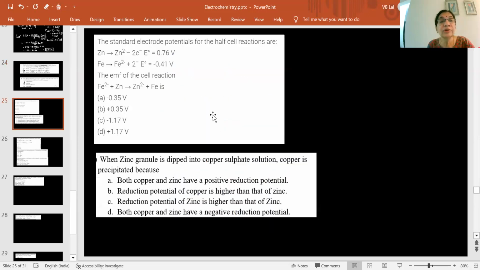Now the next question. The standard electrode potentials for two half cell reactions are given.